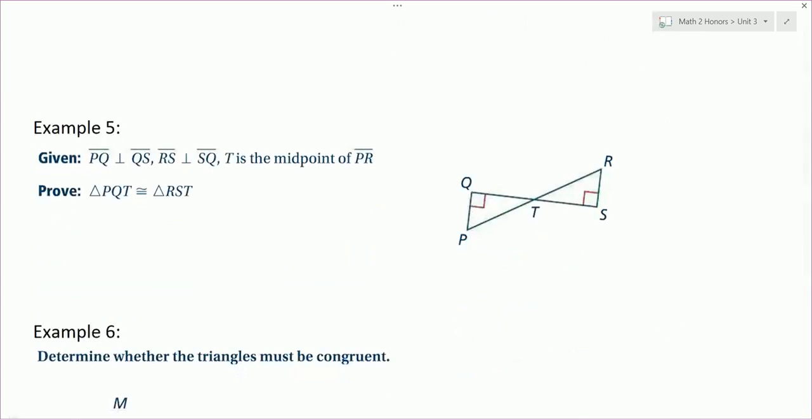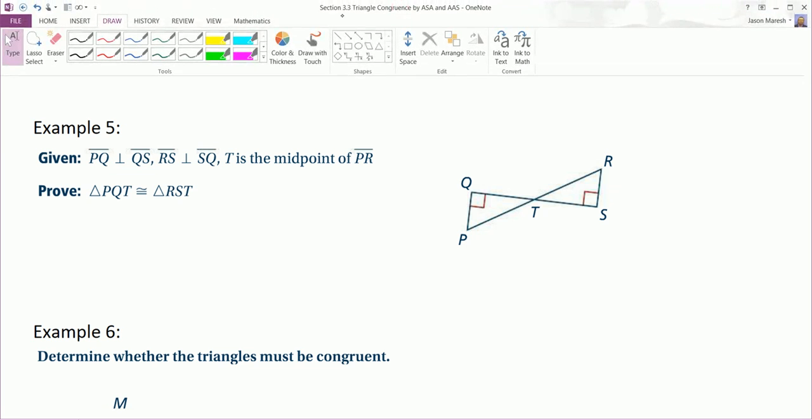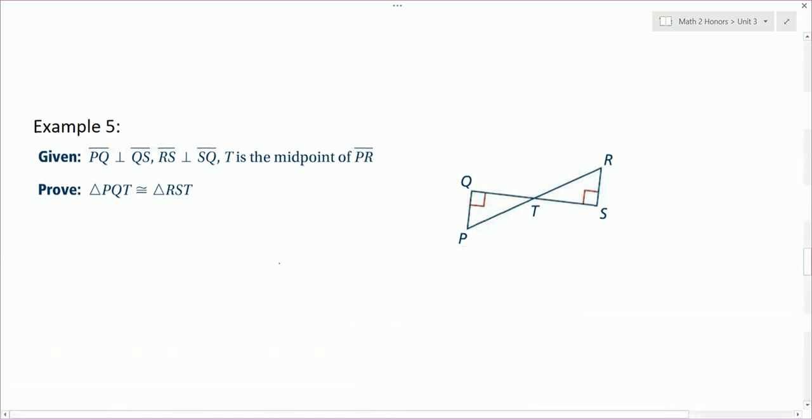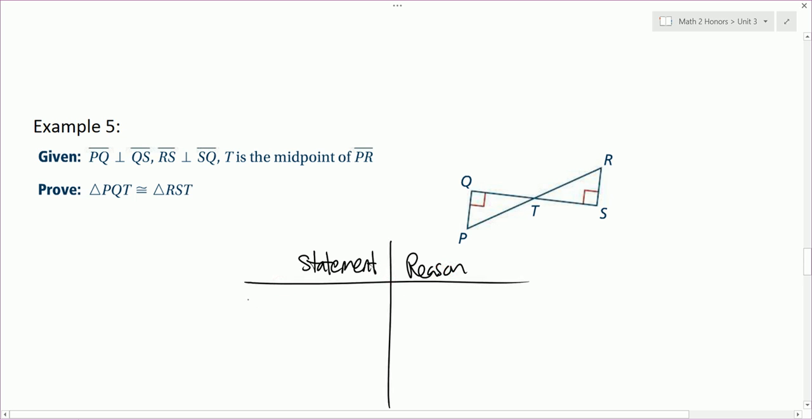Example 5, we have another proof. So statement, reason. State the givens.